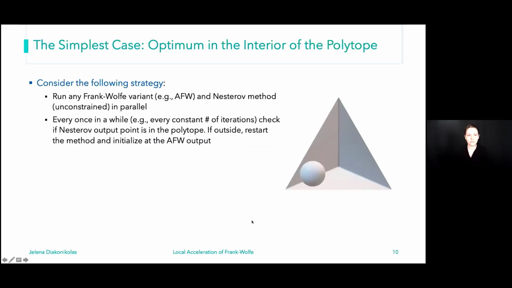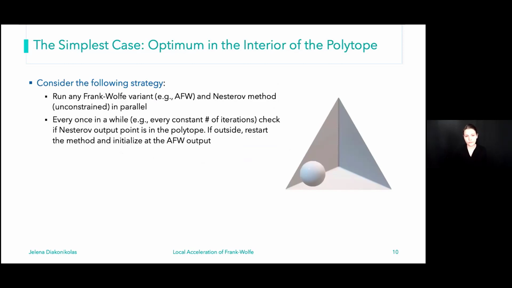Now, the first idea you could try, and it's exactly what Chandra was suggesting, well, not maybe exactly, but it is in that spirit, is you can run any Frank-Wolfe variant, and you run unconstrained Nesterov in parallel.